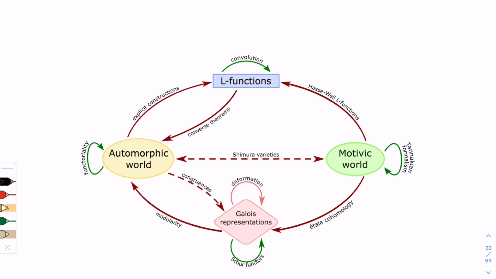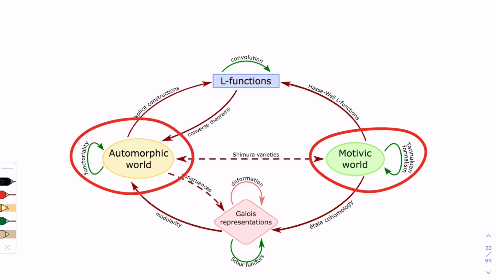In this picture, we see the three major classes of primal objects. Motives on the right, automorphic representations on the left, and Galois representations down here. So each primal object gives rise to its own L function.